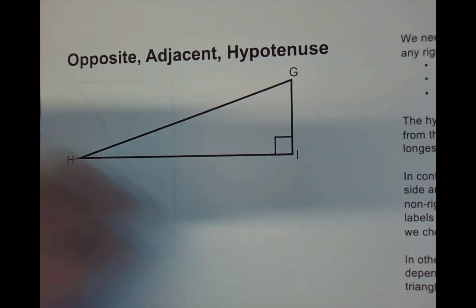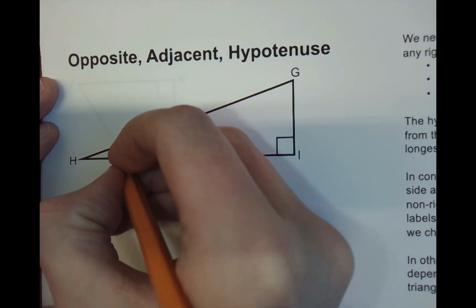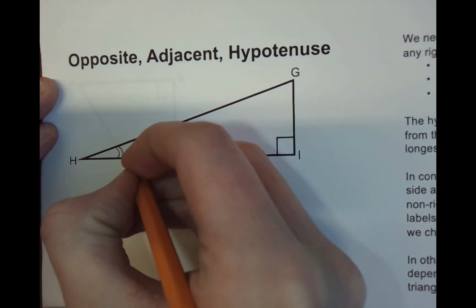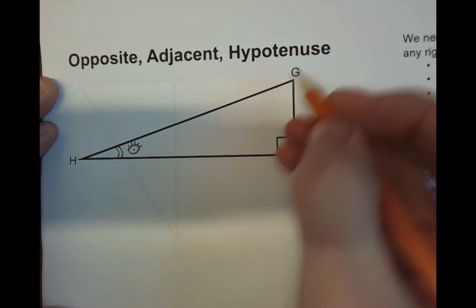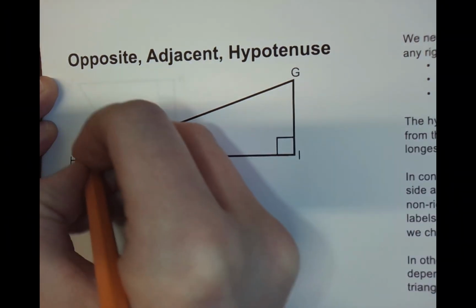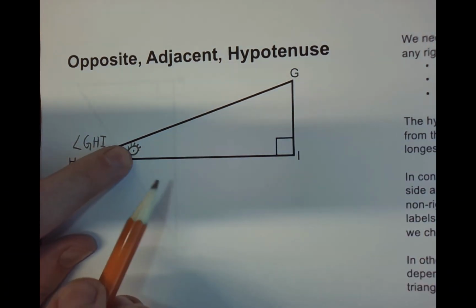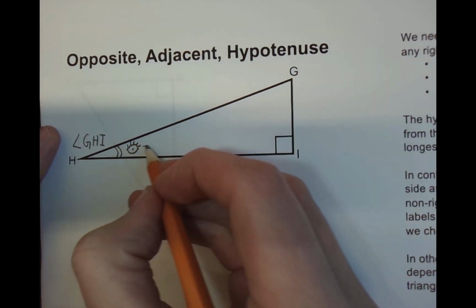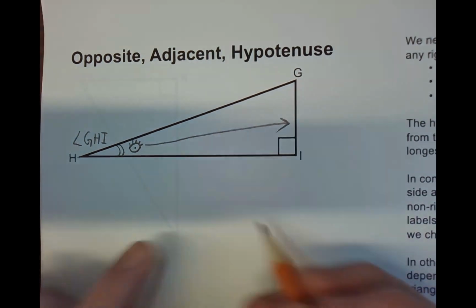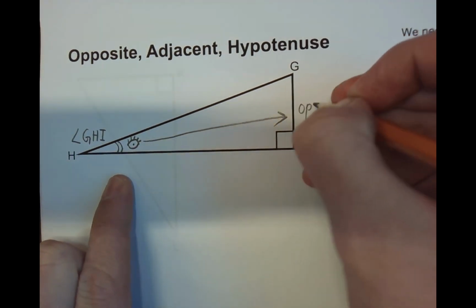Let's just say, let's view this triangle from the perspective of angle GHI. Angle GHI. Well, if that's a little person looking out into the distance, this is the opposite side.